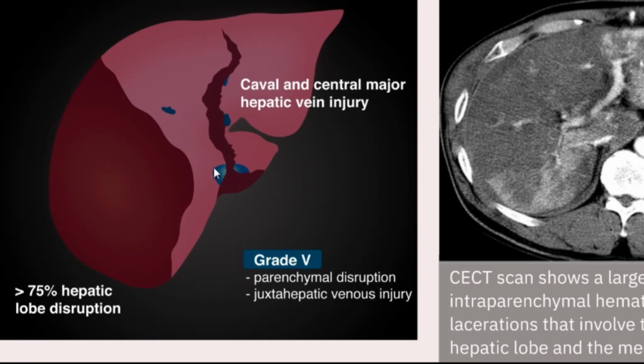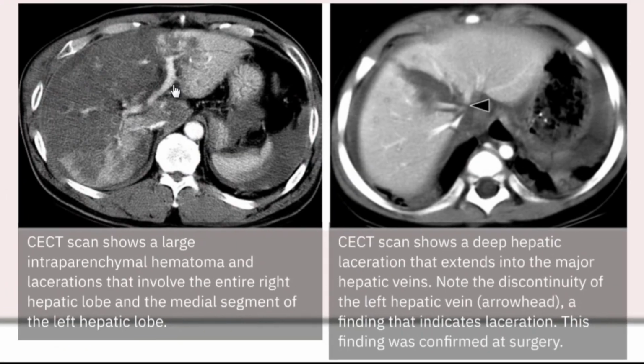Or when you have injury to the inferior vena cava or the major hepatic veins. We can see that there's a large area of hypodensity involving the majority of the liver tissue, the entire right hepatic lobe. It's completely damaged. It's non-enhancing, it's irregular, and there's evidence of hemoperitoneum if you see on the spleen.